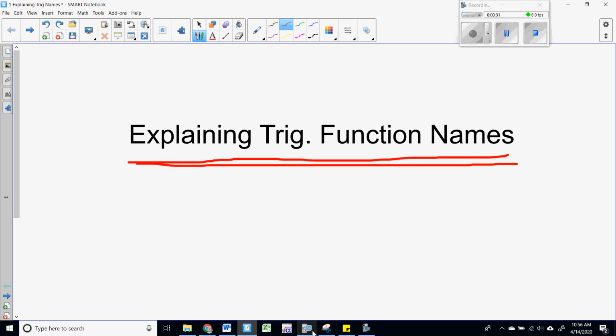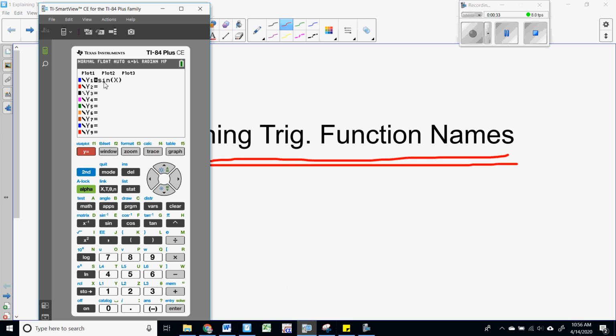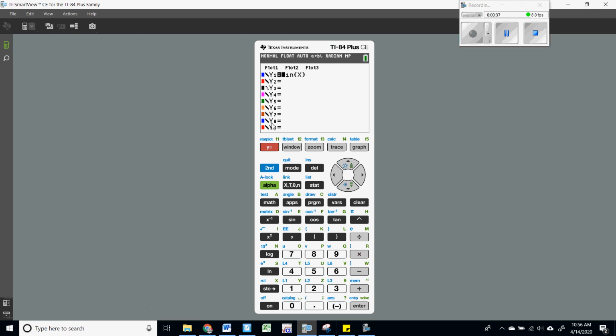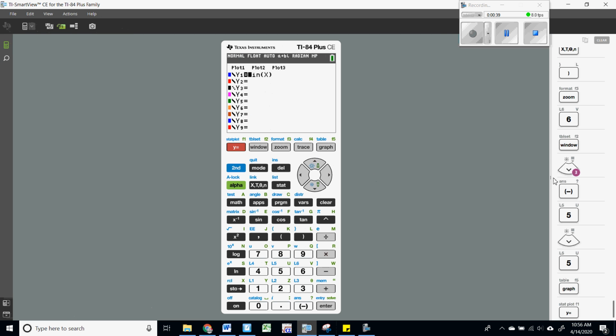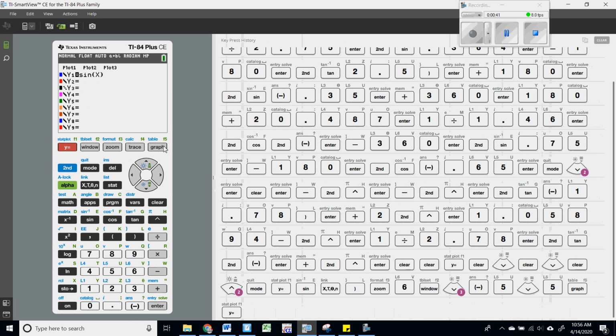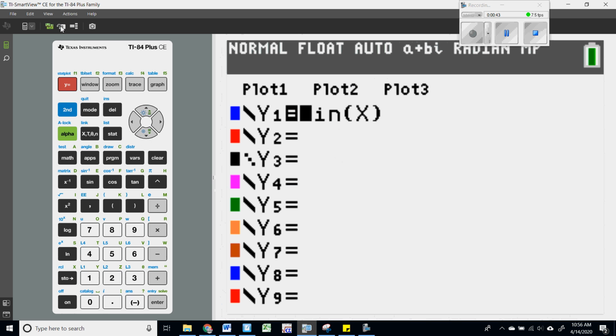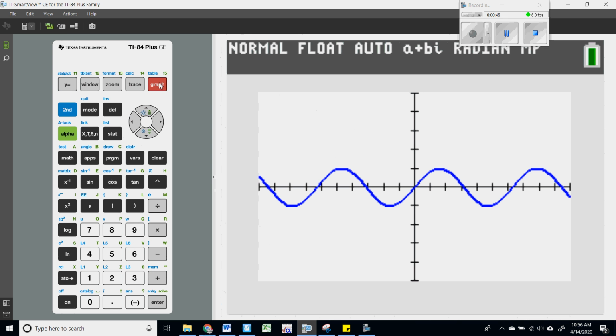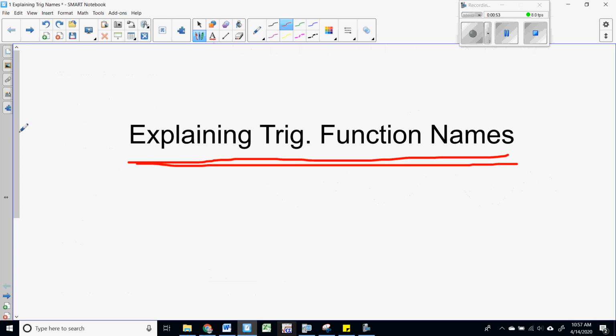Now, first thing I want us to think about is the graph of sine. If I'm going to graph sine, I'm just going to put this into my calculator, and the graph of sine looks like that. Some of you know that, some of you have seen that before, right? So if you know that graph, that has to do with where that name comes from.